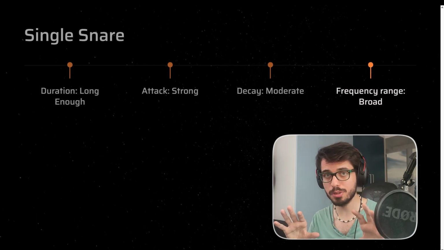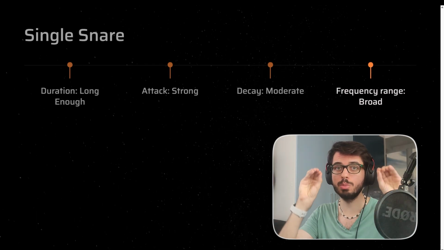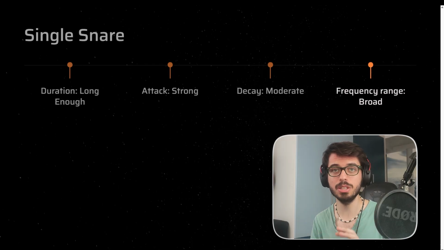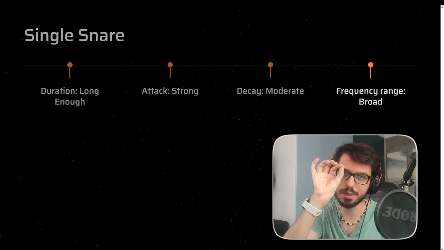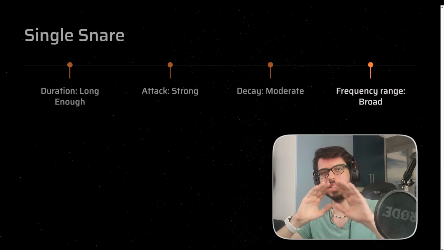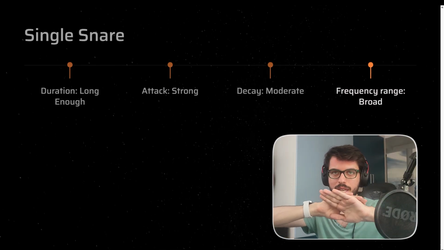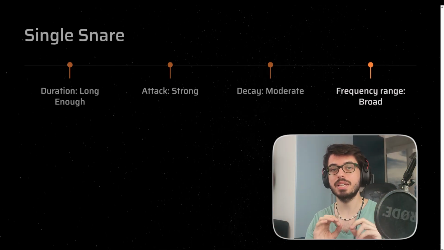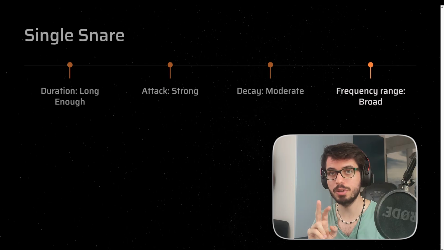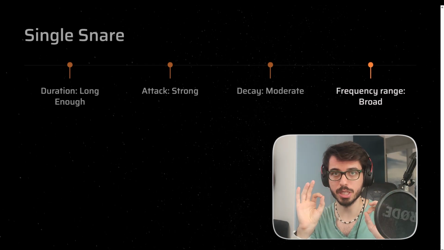So these are the two frequencies that you want to boost, okay? And in the middle, you can turn down the gain just a little bit, okay? So in general, the frequency range should be broad, but the snare should have two frequencies which are slightly higher, so 200 Hz and 7 kilohertz.